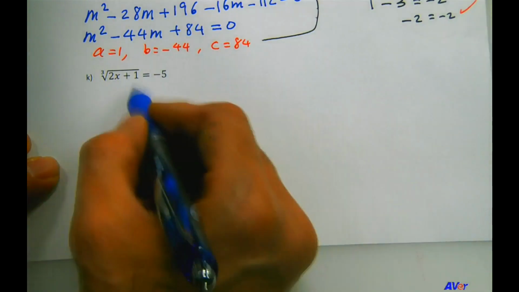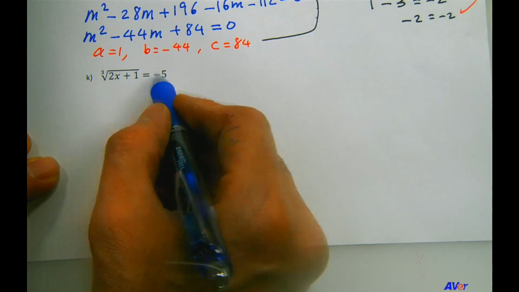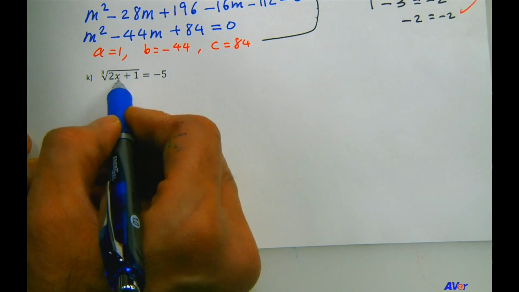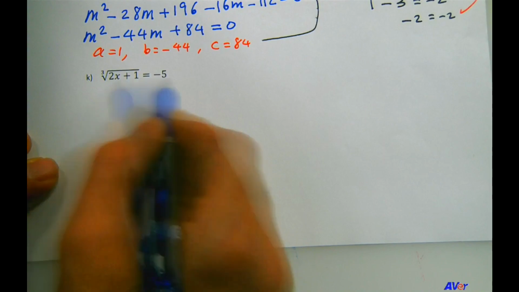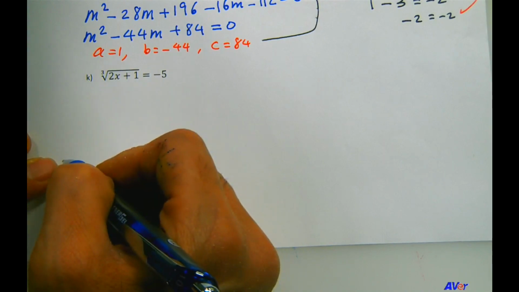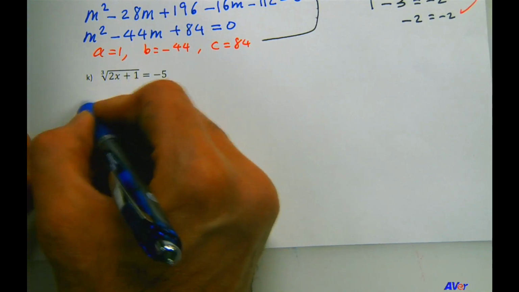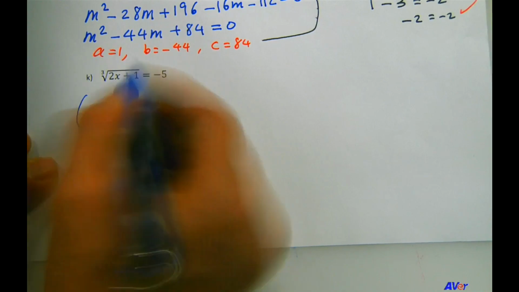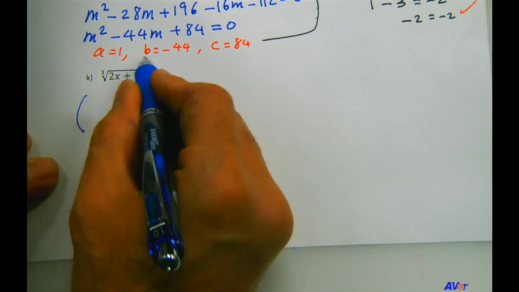We need to raise both sides of this equality to a power, especially because the radical expression is already isolated. To which power would you raise both sides? If you said 3, that's wonderful. Yes, we would raise both sides to the third power because this is the third root of 2x plus 1. To get rid of this radical, we need the third power.